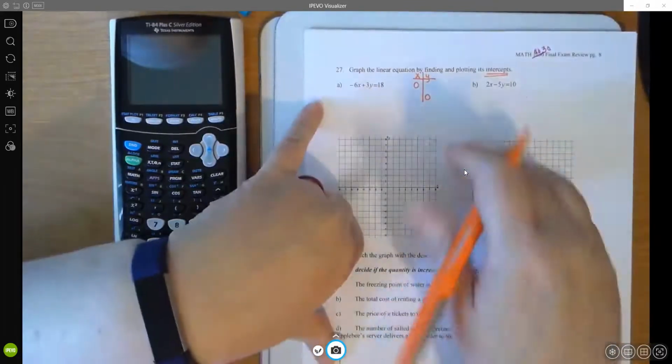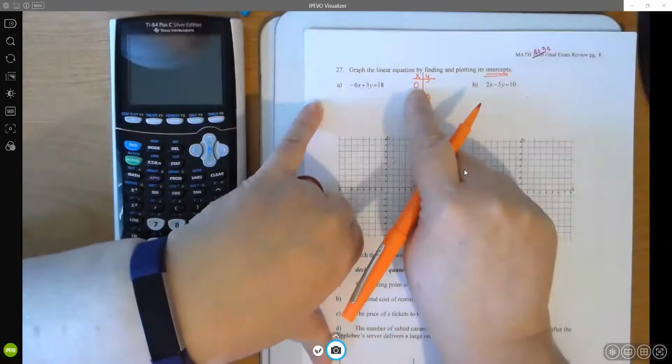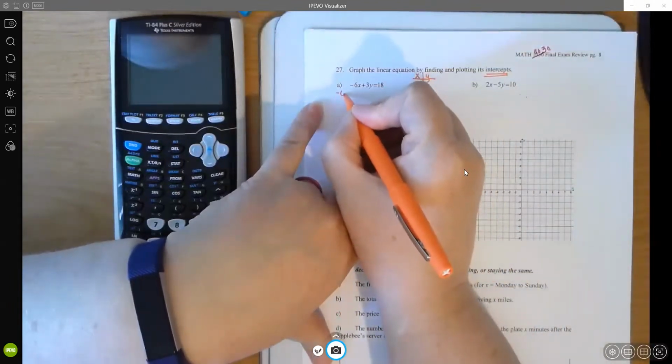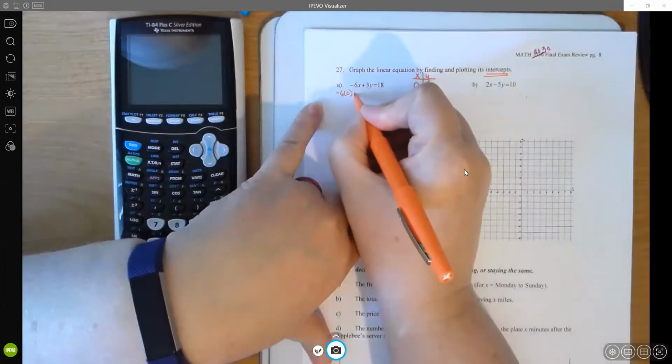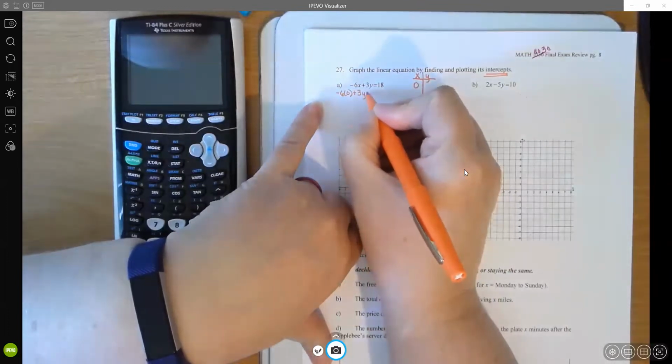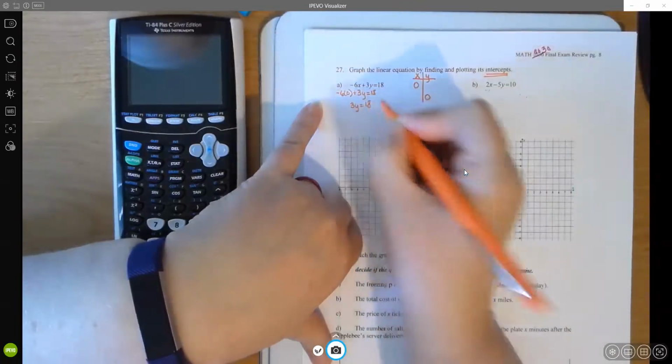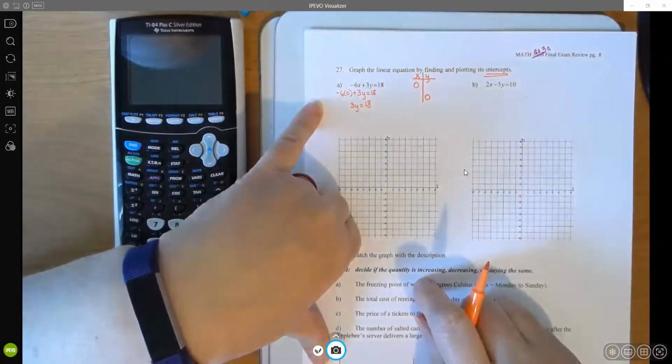And what I'm going to do first is let the x be 0. If I let the x be 0, that gives me -6 times 0 plus 3y equals 18, which basically just gives me 3y equals 18. That's why Ms. Medford calls it the cover-up method.